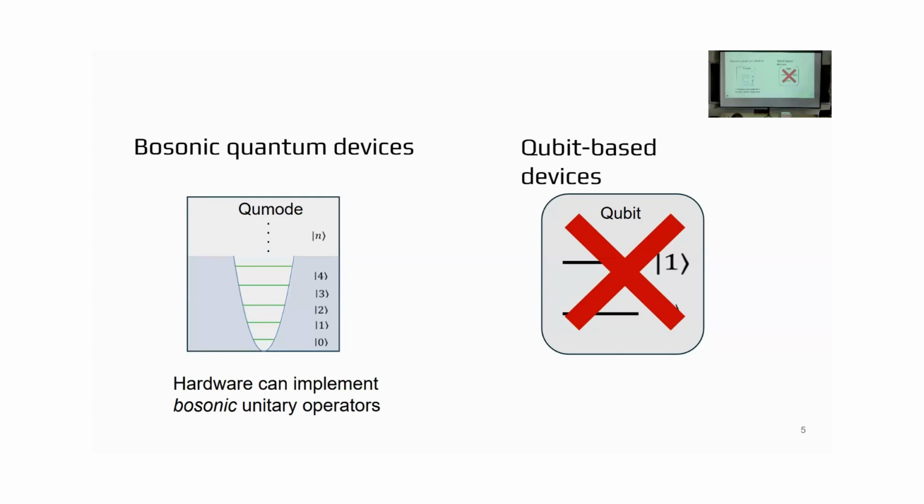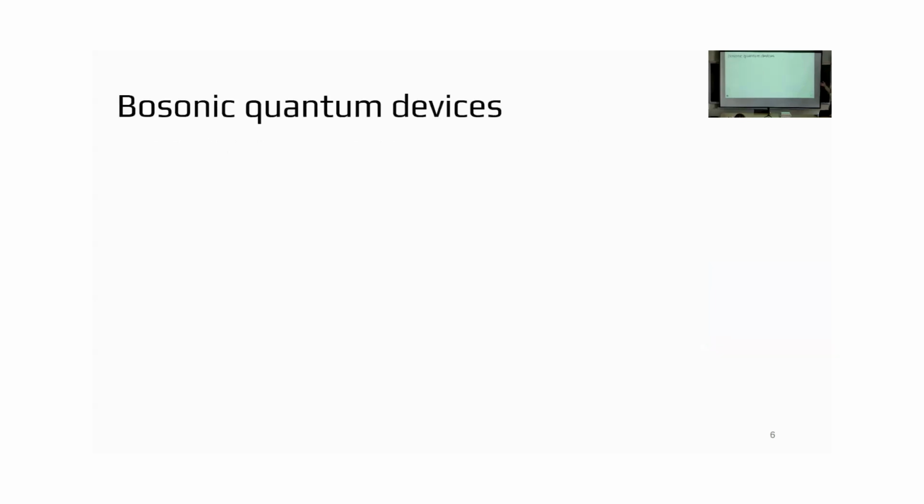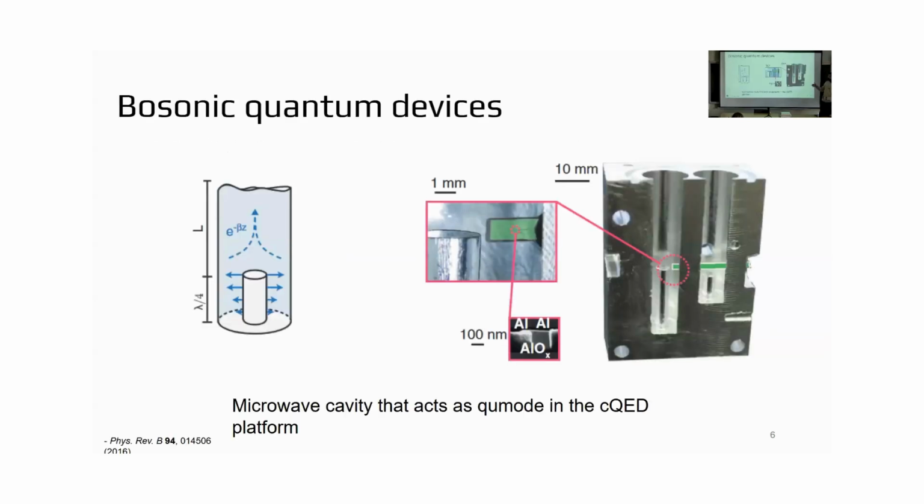To make this a little more concrete, I want to highlight that these bosonic devices are currently available. For instance, I'm showing you here a schematic of a microwave cavity that acts as this harmonic oscillator in a bosonic device. This is basically the bosonic part of the circuit QED hardware. So all this is to say that these bosonic devices are currently available, and we can use them to solve vibrational problems.